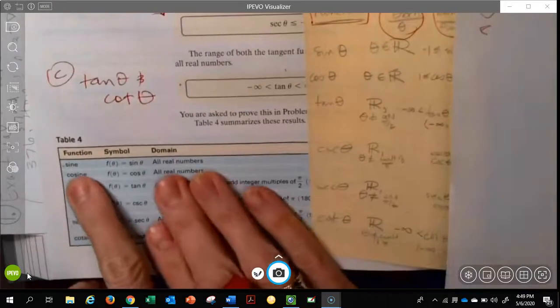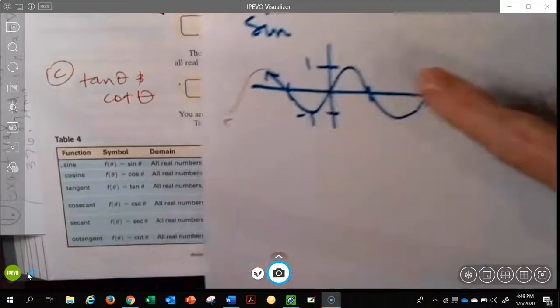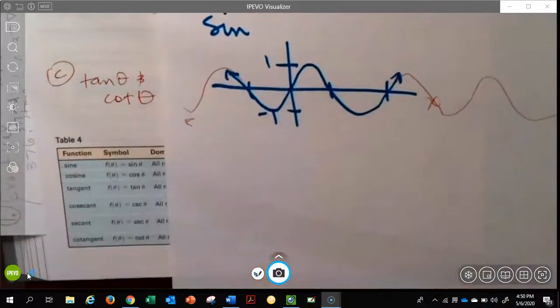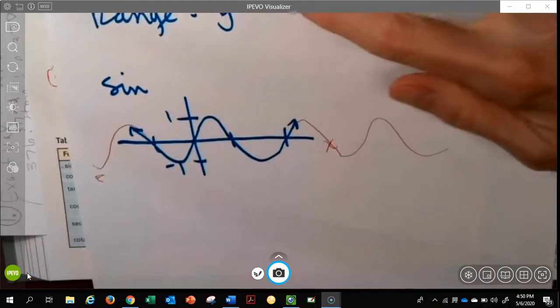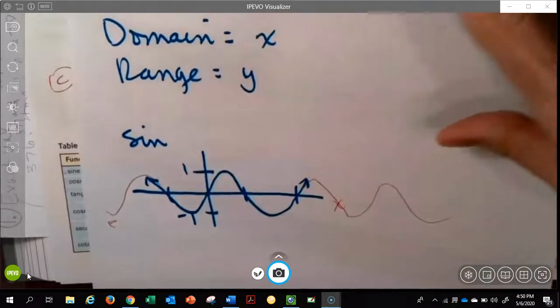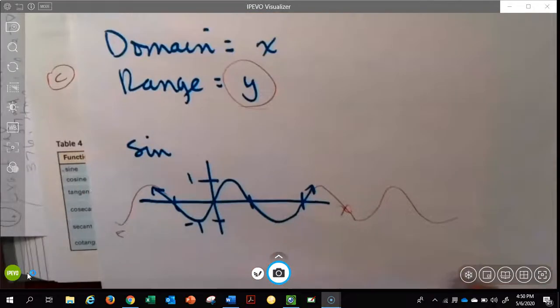And if you look here, you've already seen and discovered that the domain of sine is all real numbers. It goes forever to the left and forever to the right. I just wanted you to see that and add into what you've already documented and written and thought about. And then I want to talk about the range for the sine function. And the range is everything y can be.